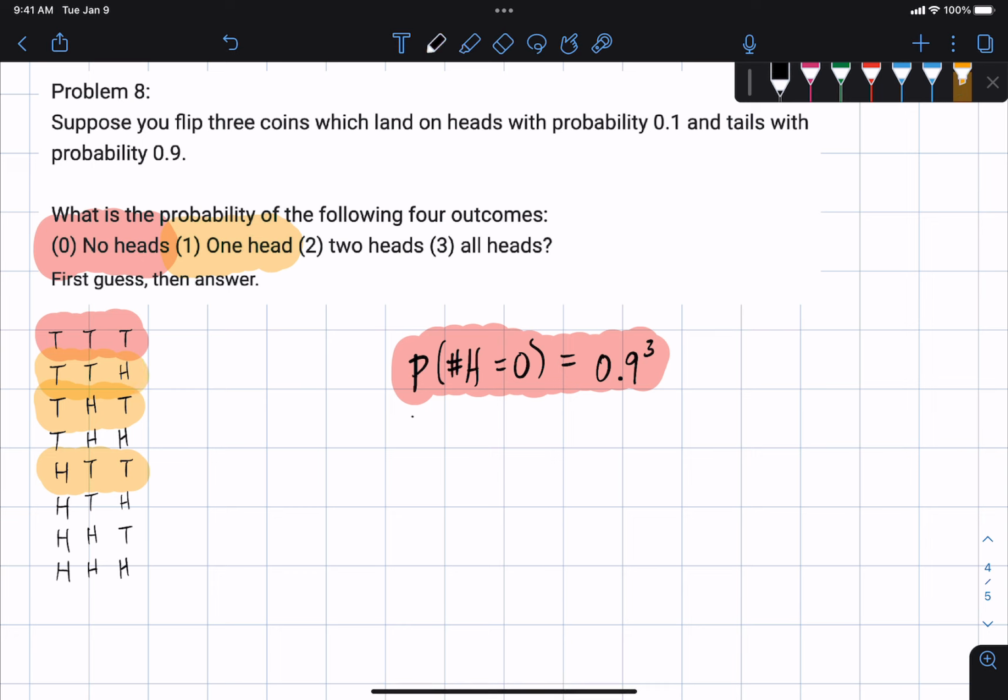All right, and so the probability that our number of heads equals 1 is going to be, well, what does the probability of one of these things look like? Tails is 0.9 times 0.9 times 0.1, or this one would be 0.9 times 0.1 times 0.9, but in any case, we have 3 of them, and by rearranging our multiplication, we can get that it's going to be 0.1 times 0.9 squared.